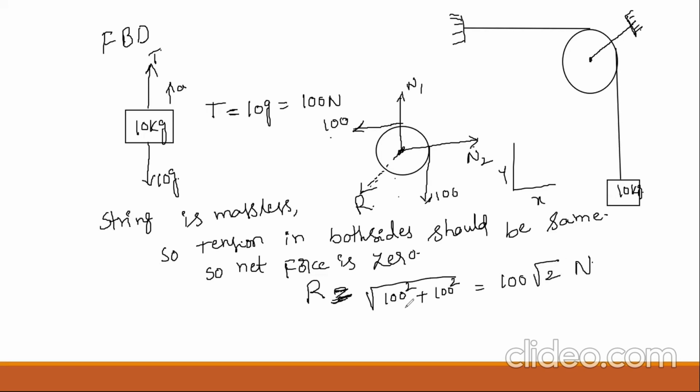Yes, understood. So in this way, we can solve the numerical by drawing the FBD of different blocks, and then we can write the equations and solve. The main thing here is how the body is moving.